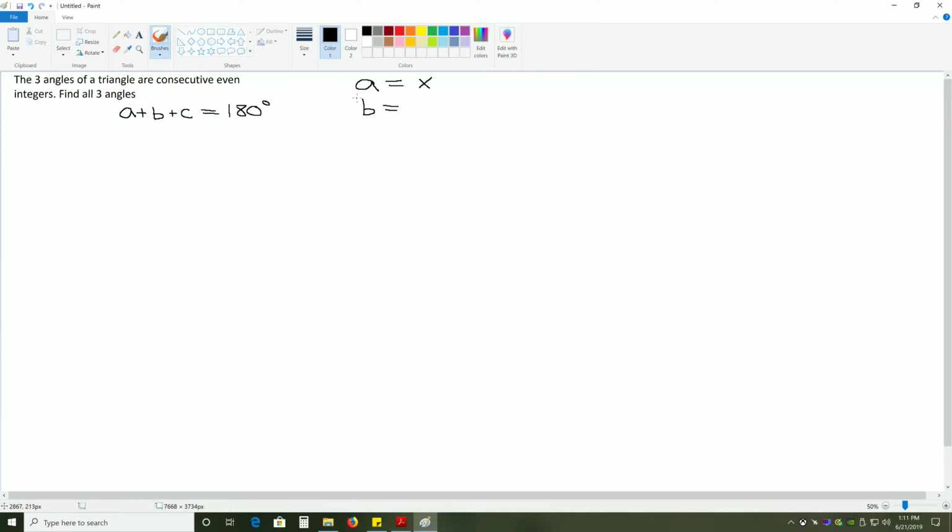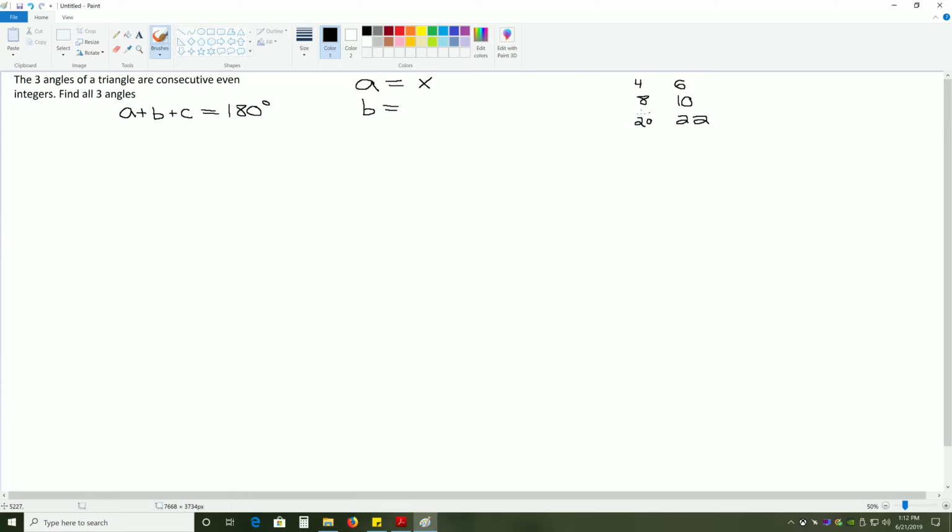So consecutive means the one that comes after it, and since it's even, that means that if A were 4, then B would be 6. If A were 8, then B would be 10. If A were 20, then B would be 22.